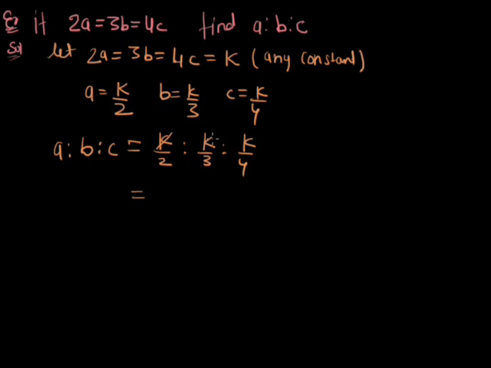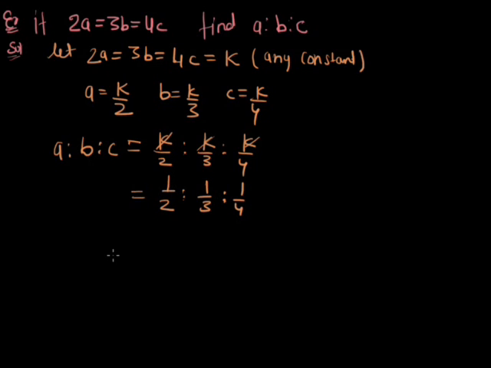Now we can cancel the k, and this is 1 by 2 is to 1 by 3 is to 1 by 4. So the ratio of a is to b is to c is 1 by 2 is to 1 by 3 is to 1 by 4.